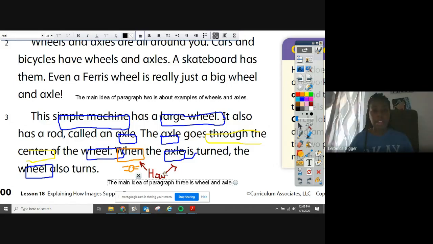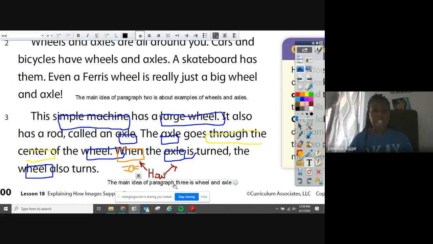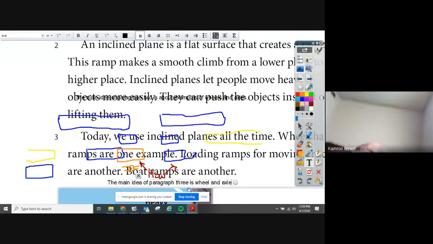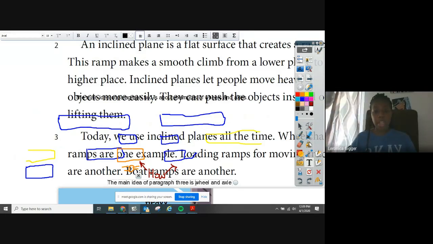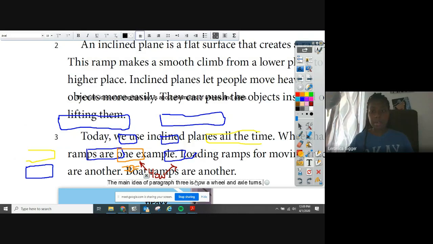My hand is on it. So this main idea tells me how a wheel and axle what? Turn. The main idea of paragraph 3 is how a wheel and axle turn. Very good.